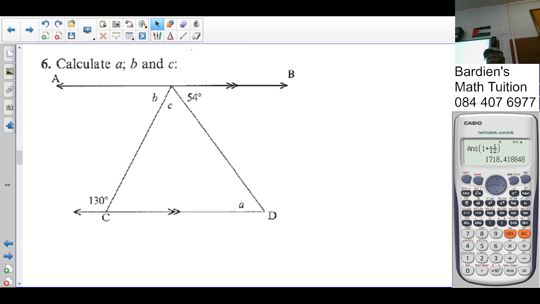So 2 to 6 is your homework, okay? As I was telling you, you can use your highlighters and stuff like that in your exam.